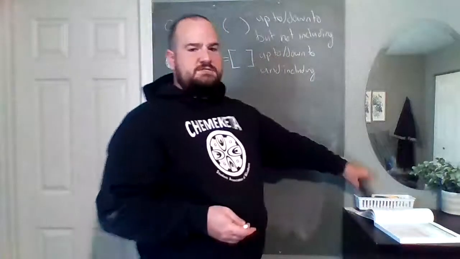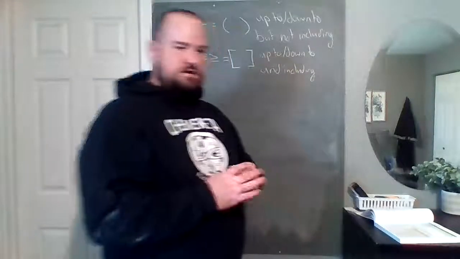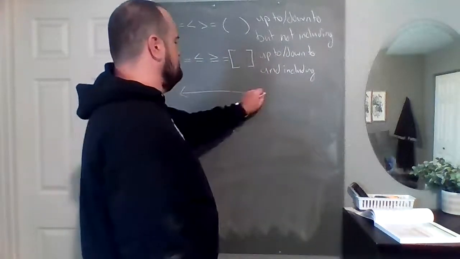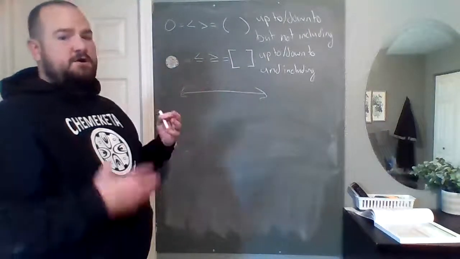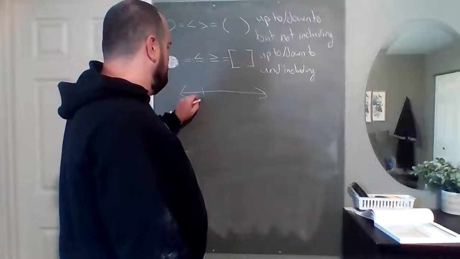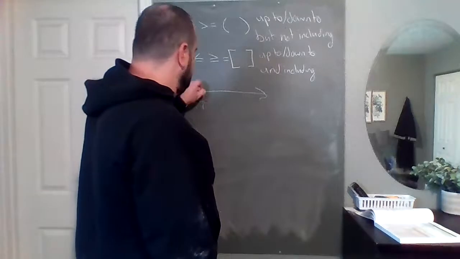All right? So, let's do some examples. I want to do, very simply, we'll start with number lines, and then we'll write the inequality version, and then we'll also write our new interval notation. Okay? And let's just say I've got a really simple -7. We will include that one.